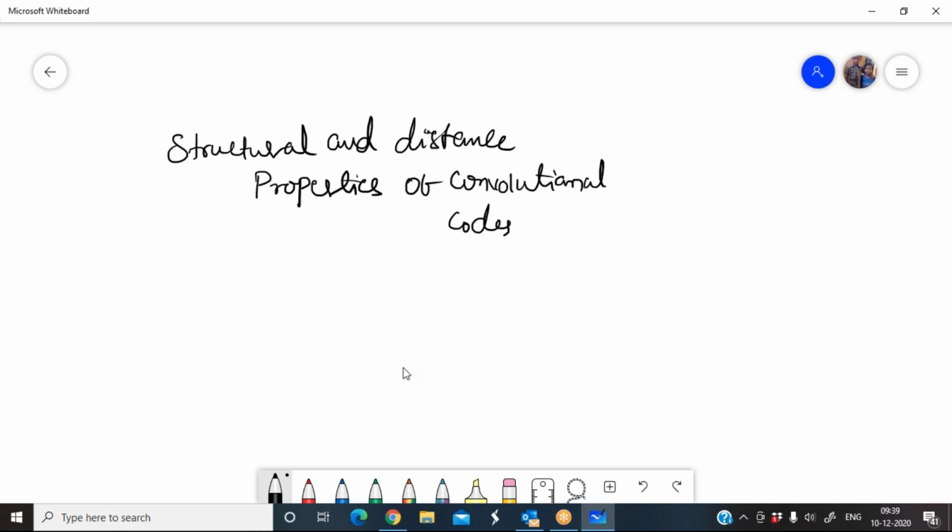Right, we are at structural and distance properties of convolutional codes. In the last class, I completed a few formulas: free distance and some of the definitions, forward path, loop, non-touching loop, with the assumption that Fi is the gain of the ith forward path, Ci is the gain of the ith loop, and set I, set Ij, set Ijk.